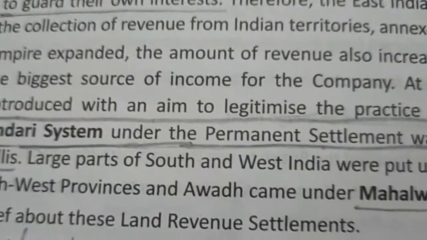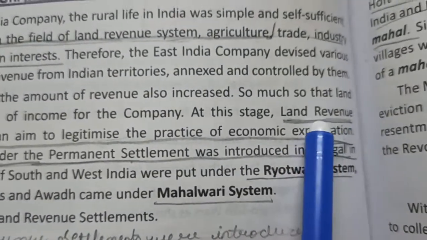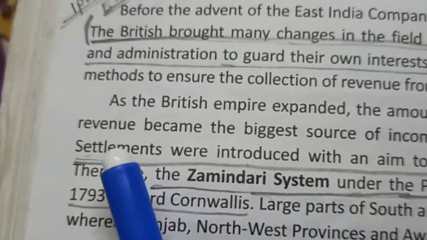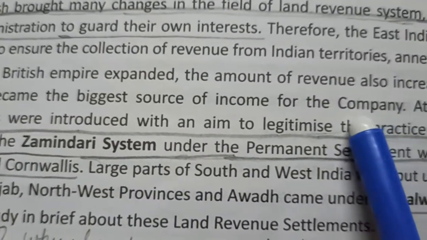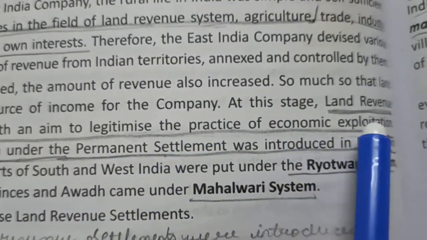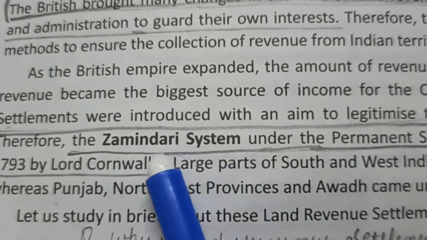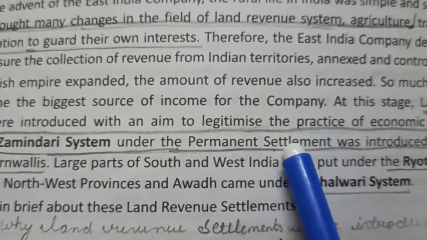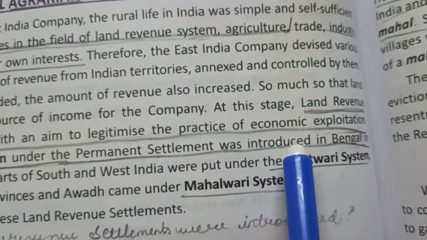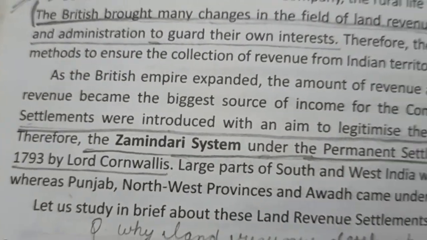Then here only you will write this point also. Land revenue settlements were introduced with an aim to legitimize the practice of economic exploitation. Therefore, the Zamindari system under the permanent settlement was introduced in Bengal.